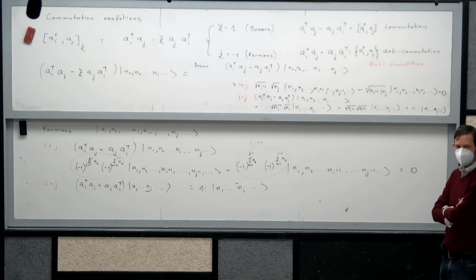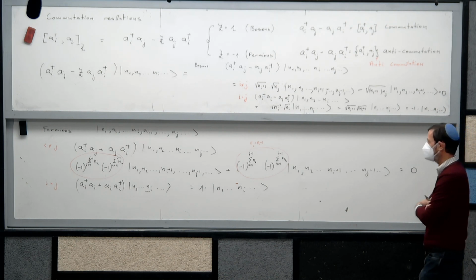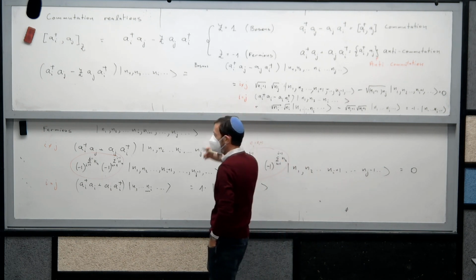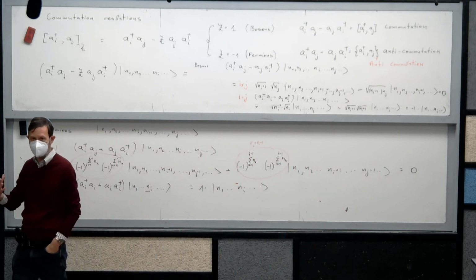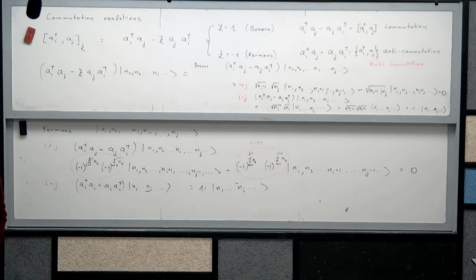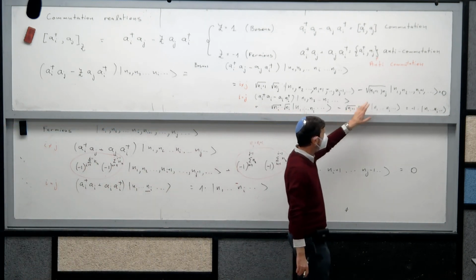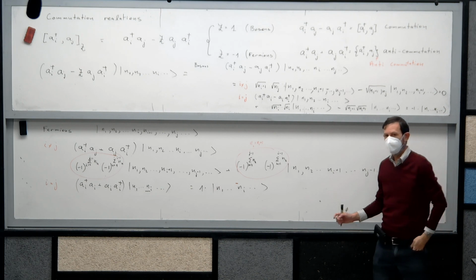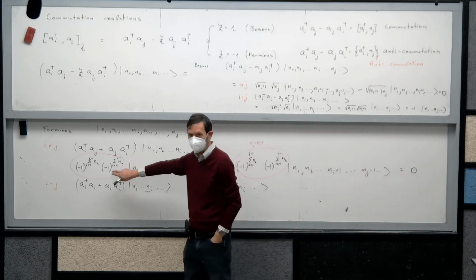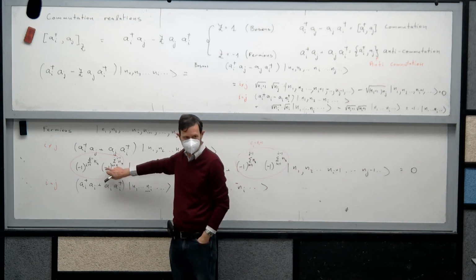So from this exercise, first I did it just so we'll get used to using the definitions here, because anyone who's working with fermions has always to pay attention to this. It's very important.